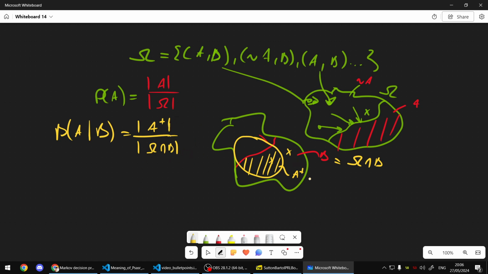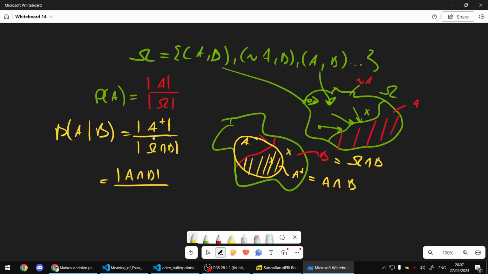And well, the intersection of A in this case is just the intersection of all A's with B. So in this case I do this substitution.